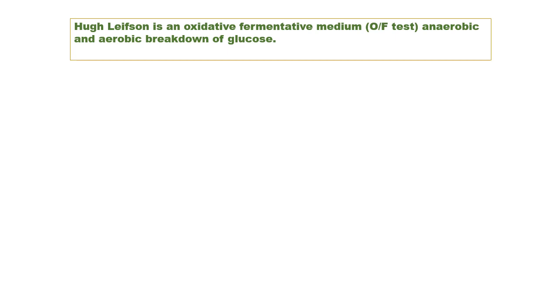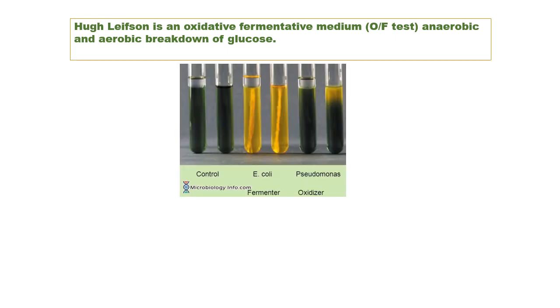It will tell us whether the bacteria have anaerobic or aerobic ability to break down glucose. Because for the aerobic, when oxygen is utilized, it's a different pathway than the anaerobic, where the bacteria actually use the sugar to ferment it to produce energy. So that's the basic difference. And to make it easier, look at this picture here.